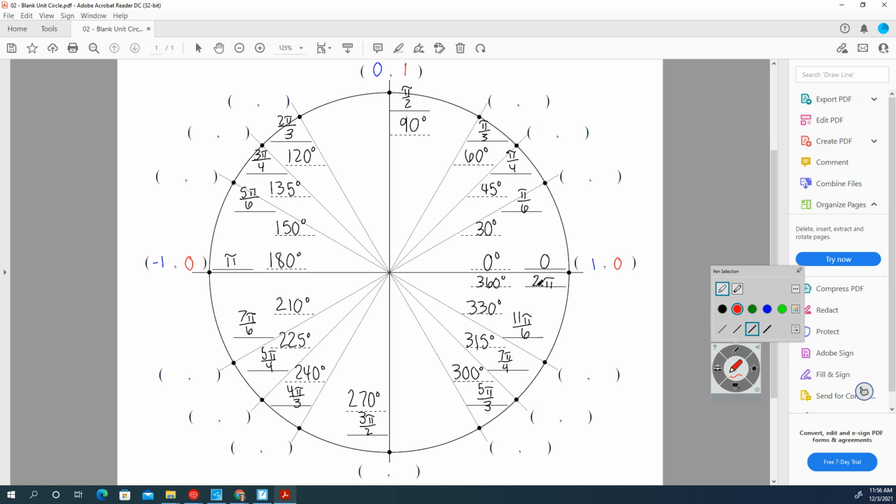And then 270, 0, -1. Okay, we'll stop there. This is a good start. The first one to the right, we know what these are. We figured those out. We'll come back to it.